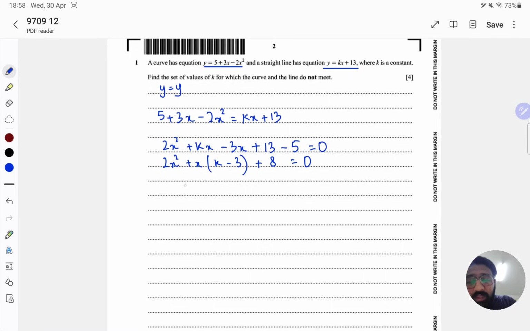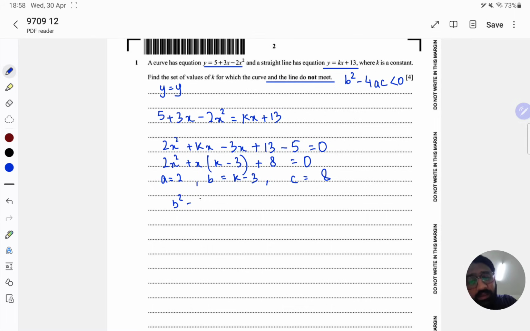So we have an equation, and since he says that they do not meet each other, it means that the discriminant b square minus 4ac has to be less than 0. The value of a is 2, the value of b is k minus 3, and the value of c is 8.